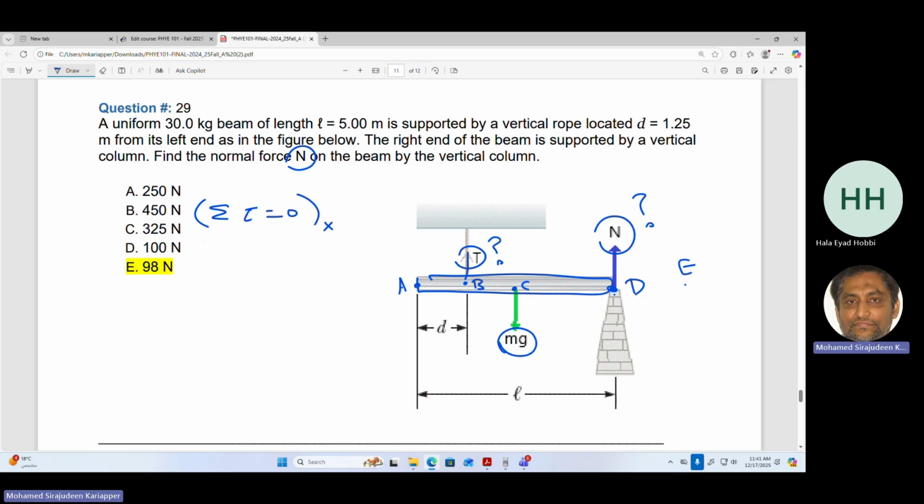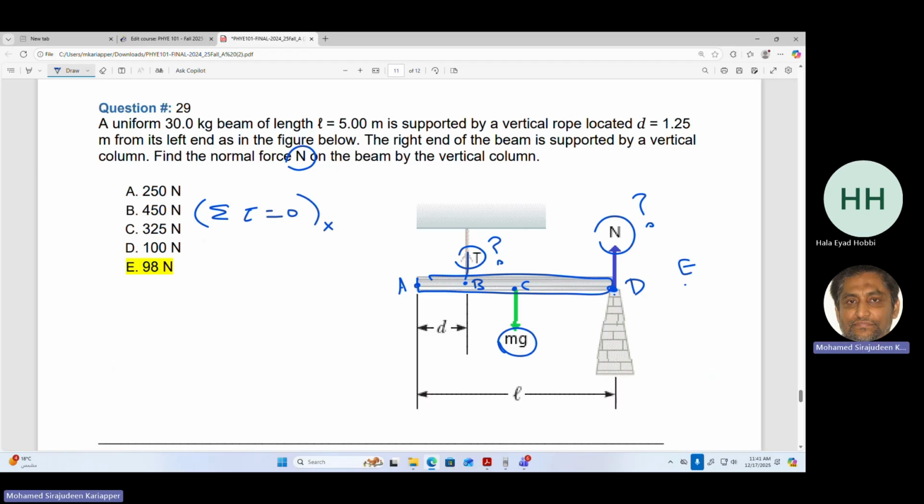So the way to choose the point is as follows. You pick a point such that when you apply this equation, the resulting equation should only have N in it. T should not appear in it. If both N and T appear, you will end up with an equation with two unknowns. Can I solve that?